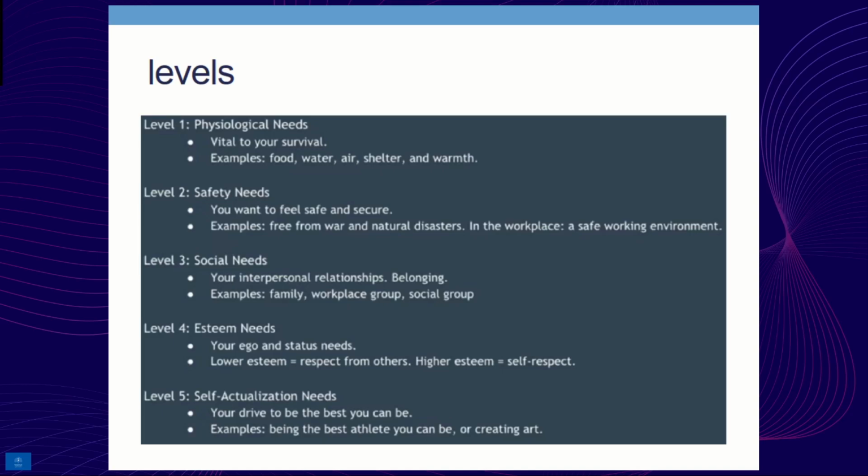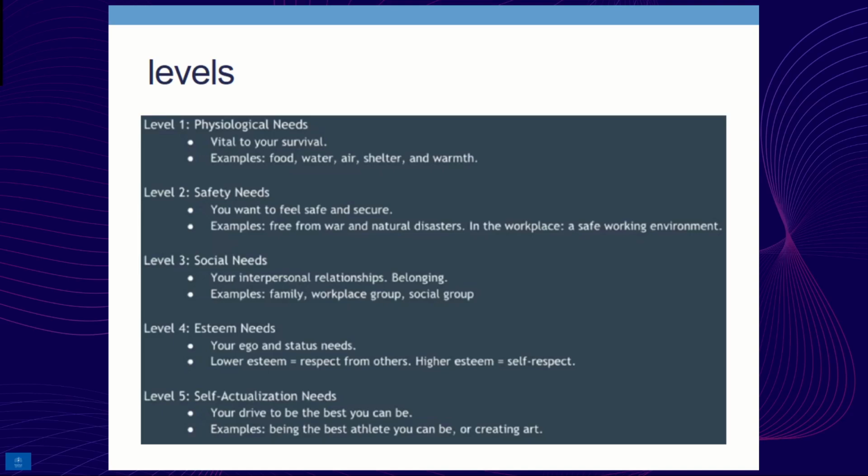Once you have met your physiological needs, the next needs you will look to satisfy are your safety needs. Once our basic physical needs are satisfied, we all want to feel safe and secure. These needs include being free from war, natural disasters, and violence.